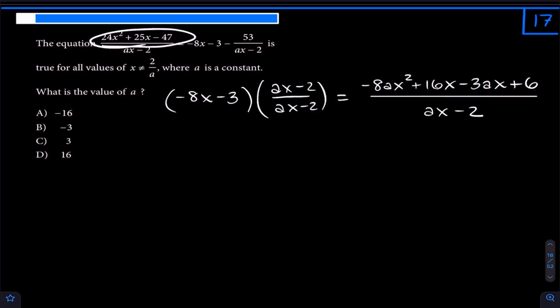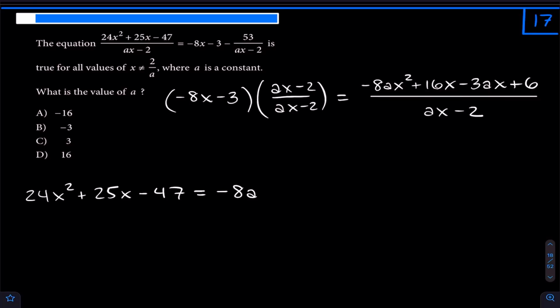So that means that this 24x squared plus 25x minus 47 needs to equal the numerator for this guy, which is this mess, which is negative 8ax squared plus 16x minus 3ax plus 6, and then we have a minus 53.